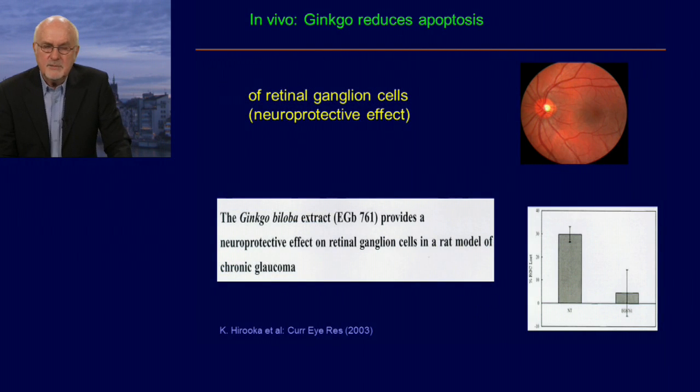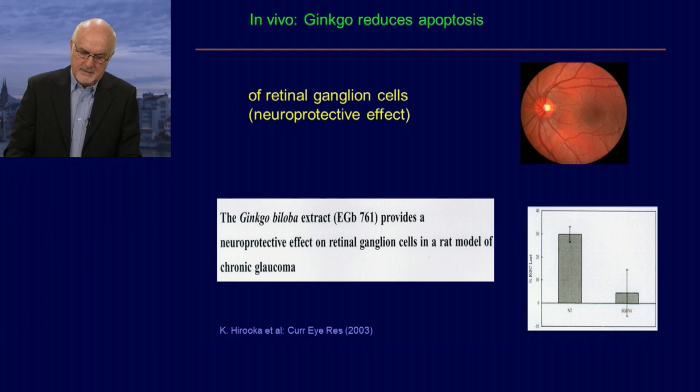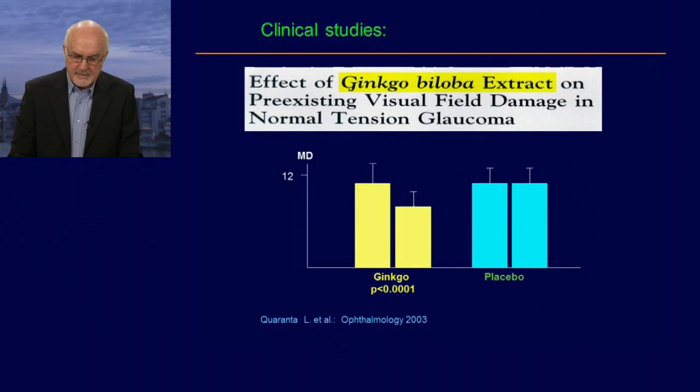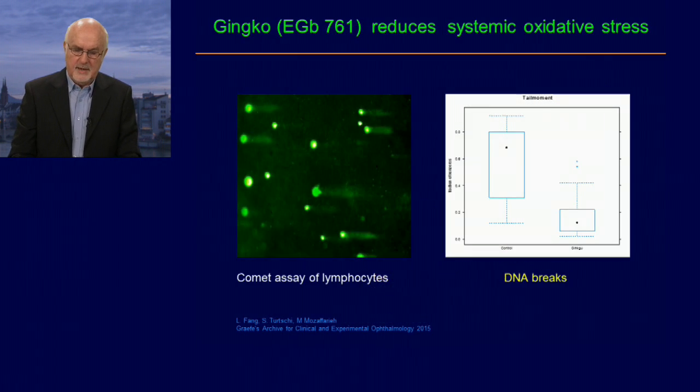In vivo, in experimental glaucoma studies in animals, it has been shown that the probability for survival of retinal ganglion cells is dramatically increased. In clinical studies, it has been shown that the prognosis of the visual fields in normal tension glaucoma is significantly improved.